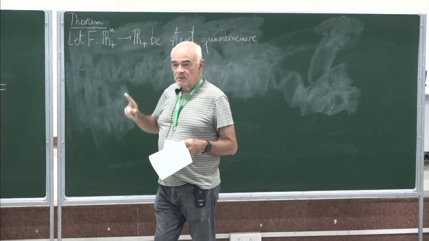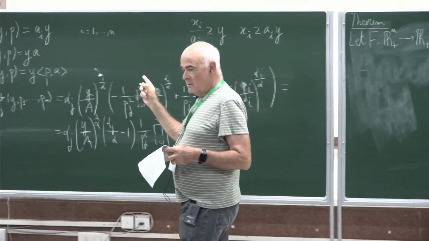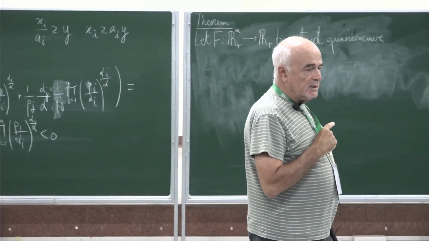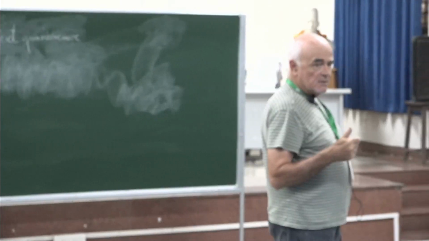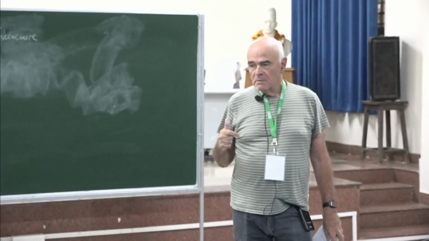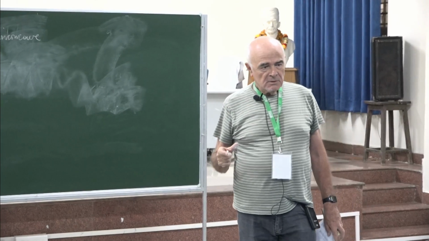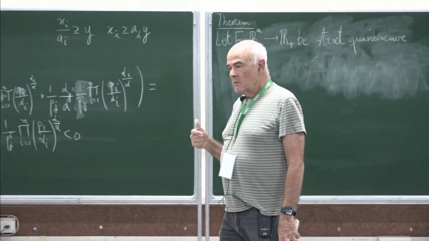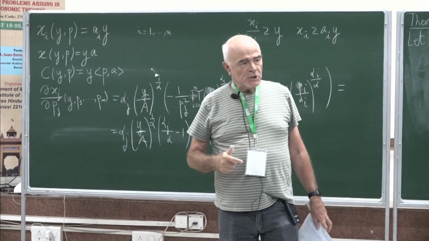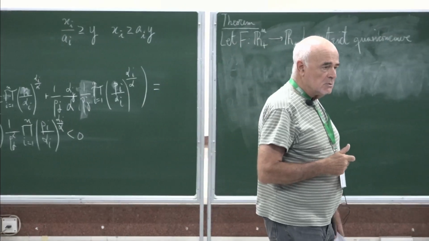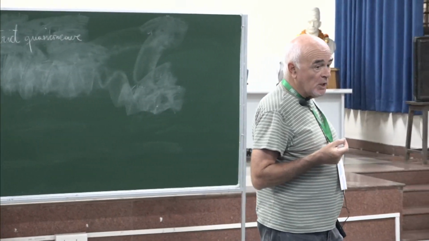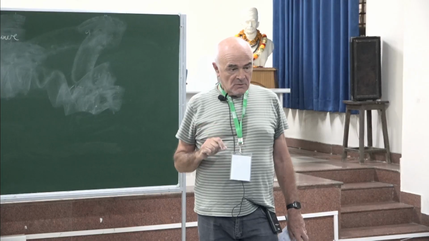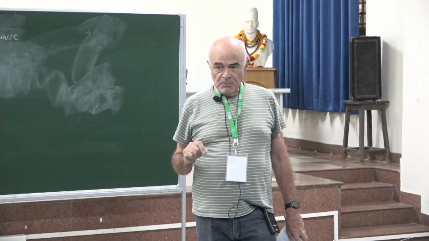I will define strict quasi-concavity immediately after finishing the statement, but this is a very delicate point because the terminology is not uniform. It keeps changing. Okay? There was a definition of a strictly quasi-concave function, so that a strictly quasi-concave function need not be quasi-concave. Very easy examples.